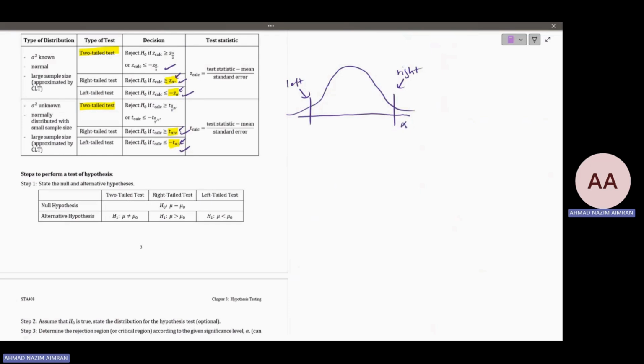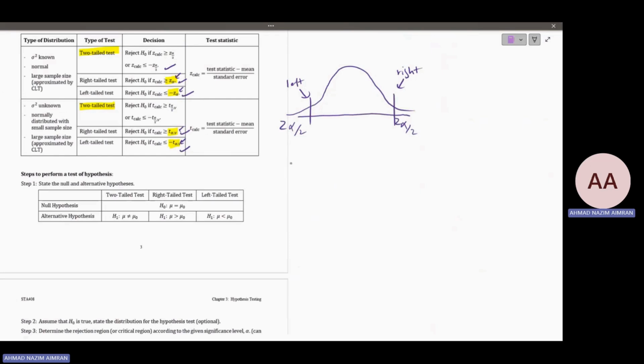That is alpha over 2 for the right and alpha over 2 for the left. Because instead of having only one tail, now we have two, so we have to divide them equally into two. All right. So that is why for the two-tailed test, you need to compare with Z alpha over 2 instead of Z alpha.